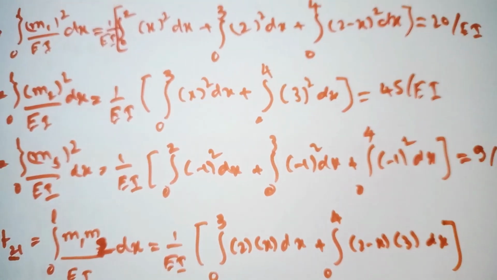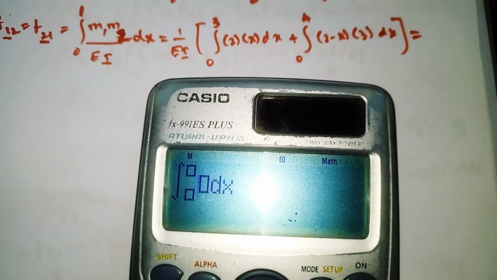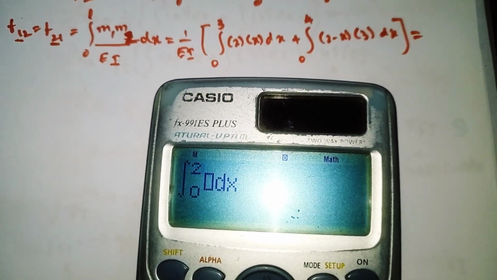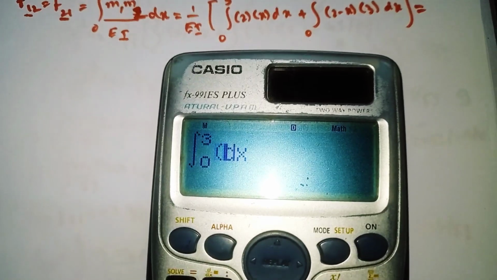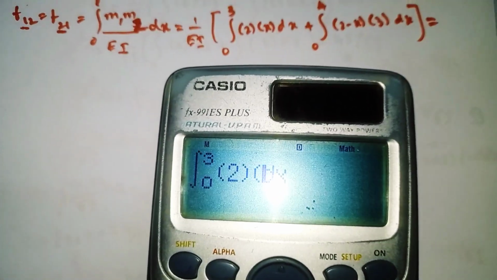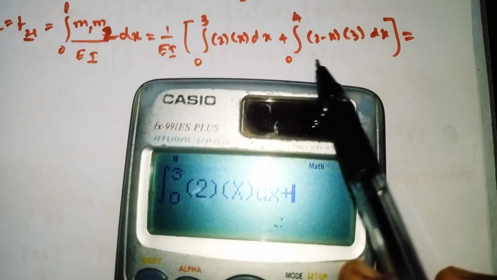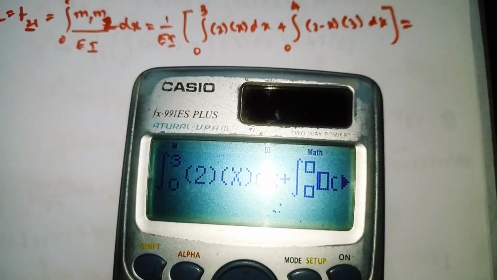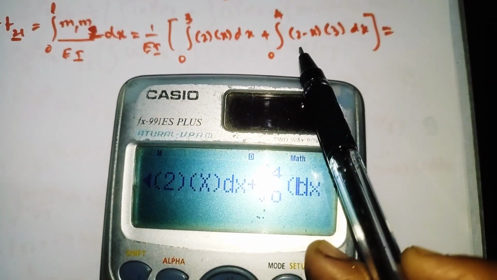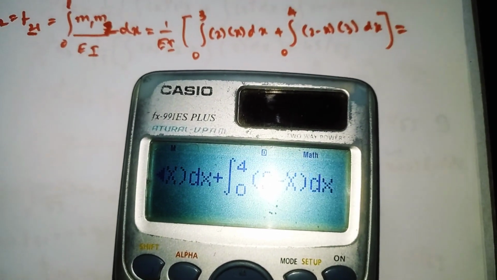Close the bracket, now solve it by using a calculator. Integration of limit 0 to 3, 2 into x, close the bracket, plus integration of limit 0 to 4, 2 minus x into 3.